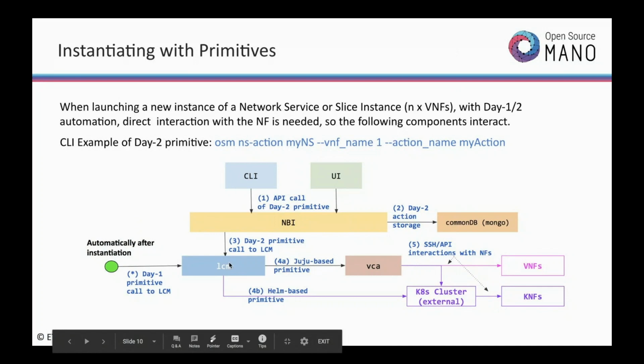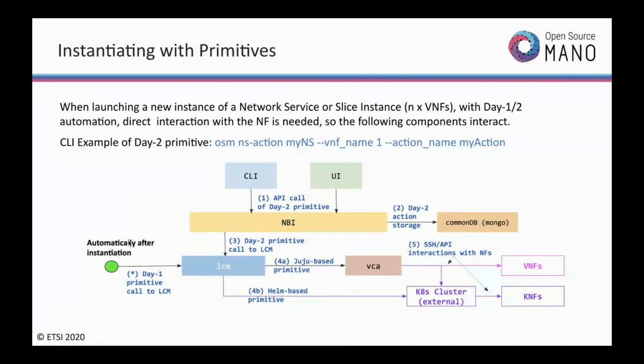And if it's Helm-based, the specific Helm upgrade case, then it goes through directly to the Kubernetes cluster. Okay, so this is how primitives are run. If you have any problem with primitives, you will not rely on RO, on MON, or any other component, but mainly LCM and VCA.